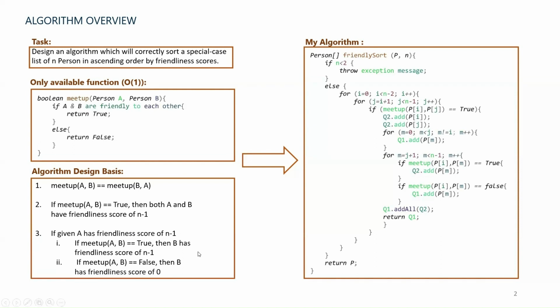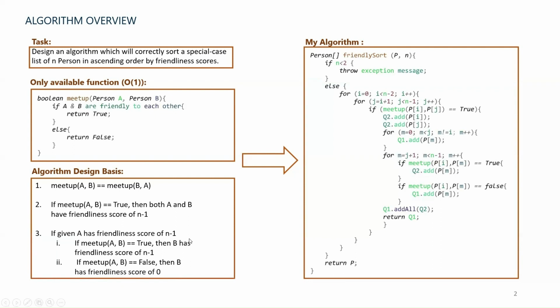The third, if a given A has friendliness score of n-1: first condition, if meetup(A, B) returns true, refer to the second one, B has friendliness score of n-1 as well. The second condition, if meetup(A, B) returns false, then B has friendliness score of 0.